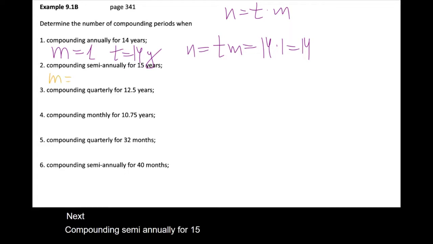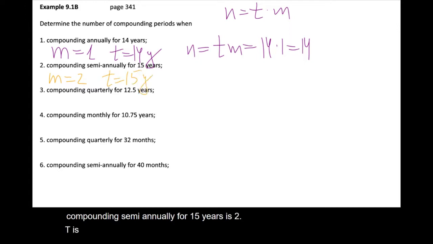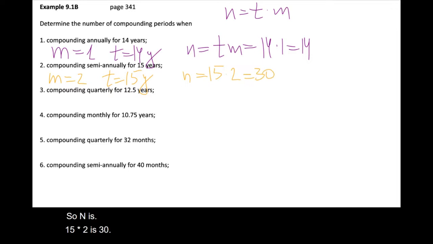So M is 2, T is 15 years. So N is 15 times 2, which is 30. Okay, next, compounding quarterly for 12 and a half years.